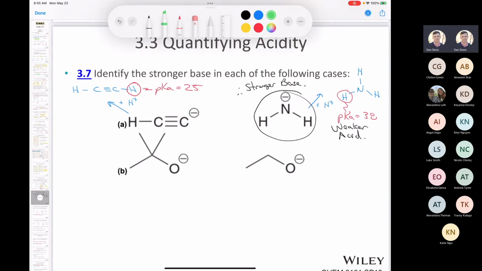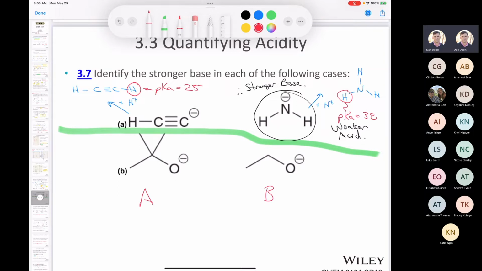Didn't give myself a lot of room here, did I? So if I divide this kind of like this. Okay, for B, if I call this one A and I call this one B, could anybody identify which one of these would be the stronger base? Would it be A or B? You can go back to the table.